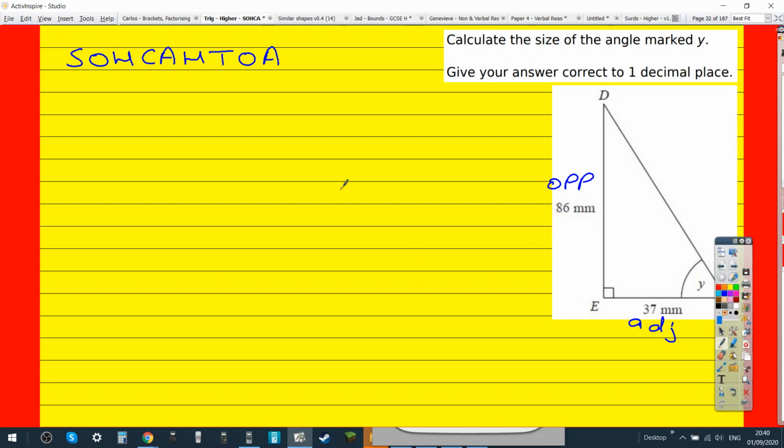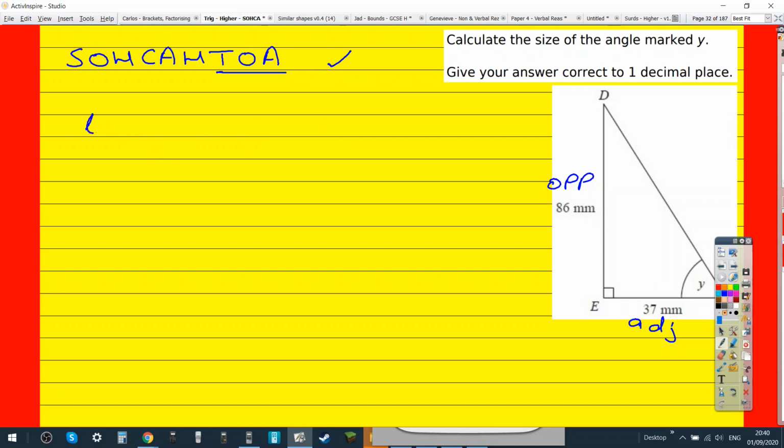So is this one sine? The sine is opposite. Tangent. Yes. It's tangent. Okay. Formula.